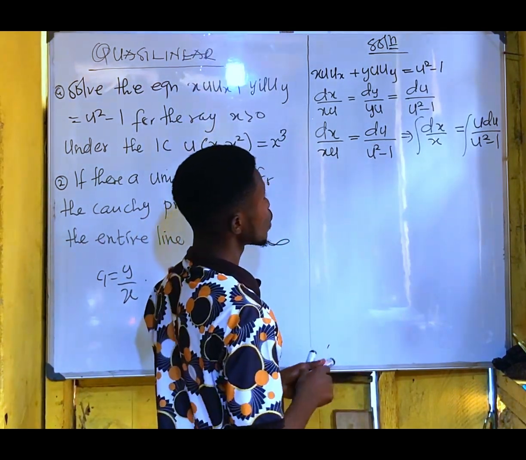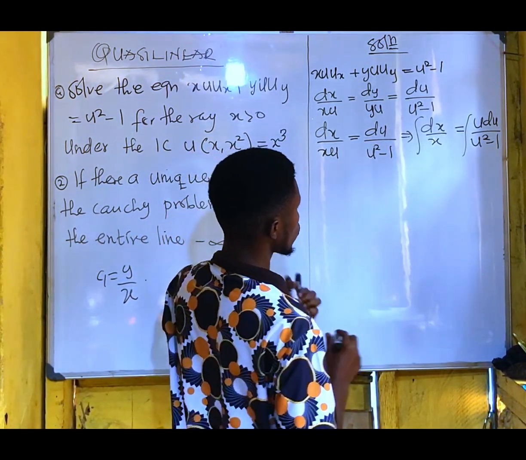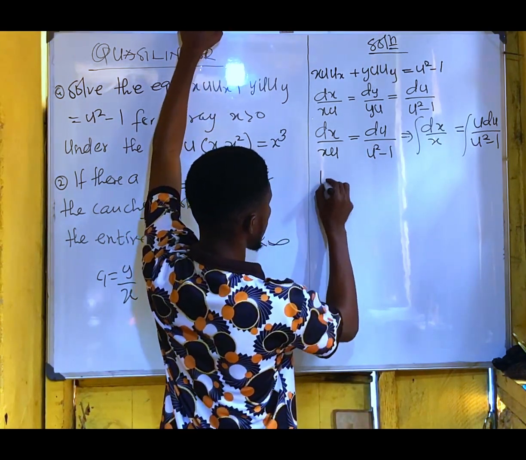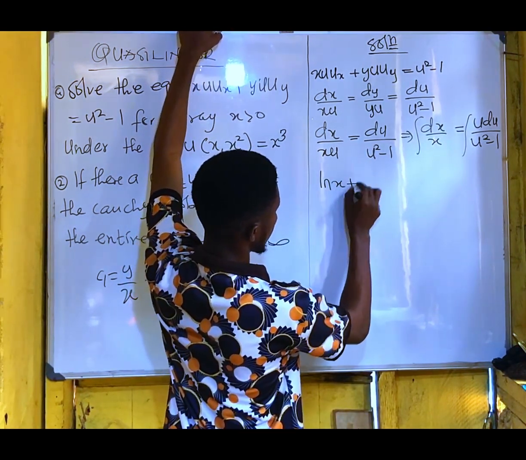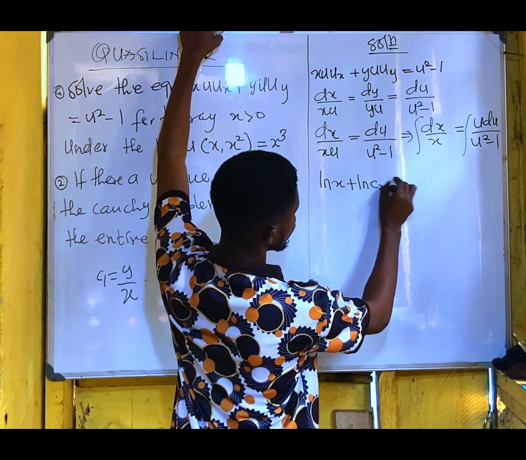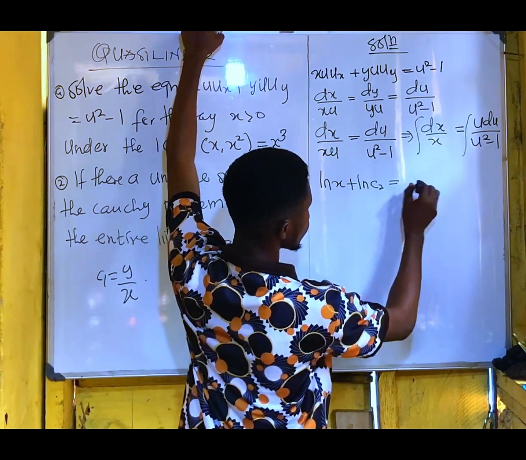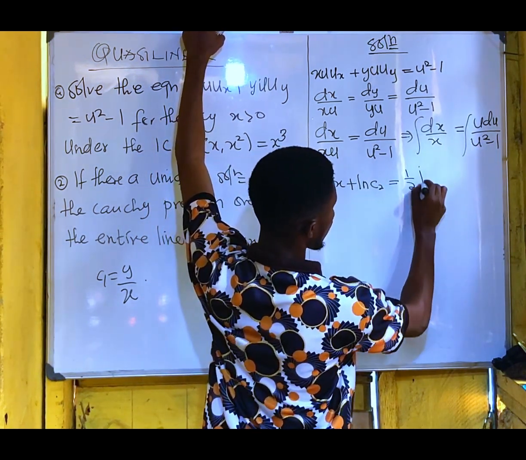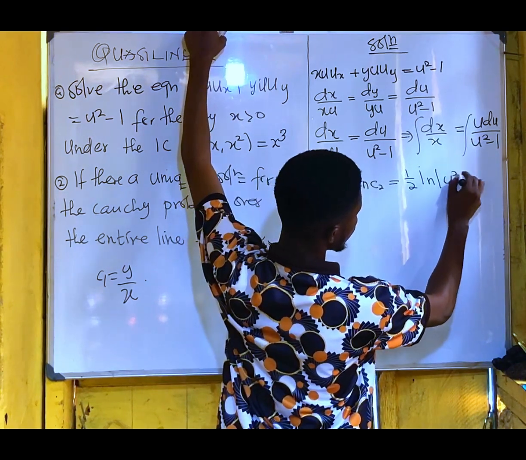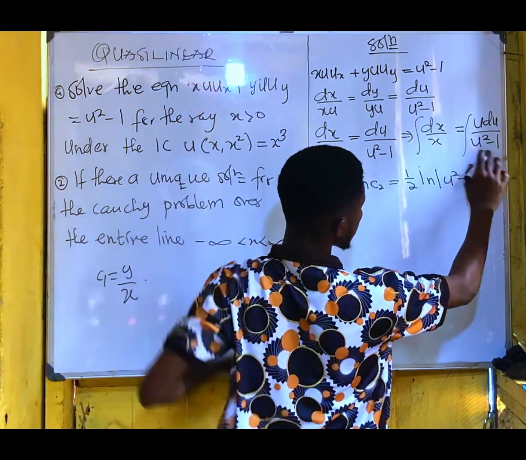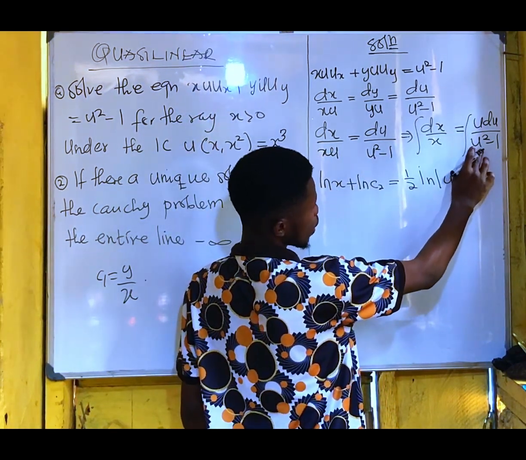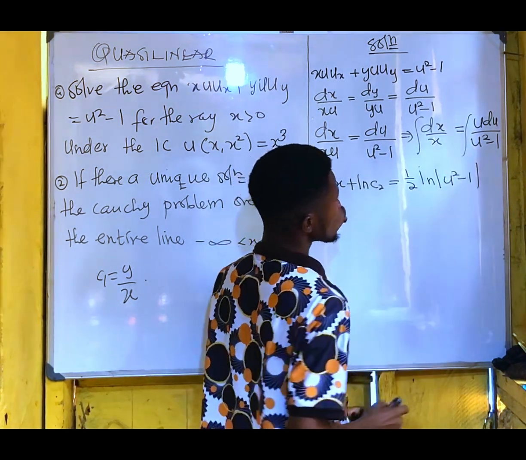Now if we integrate dx over x, we have what? We have ln x plus ln c2 equals, this is going to give us half of ln of u square minus 1. I hope you know why. This is a function in derivative, just that here, if you differentiate this one, it will give you 2u.